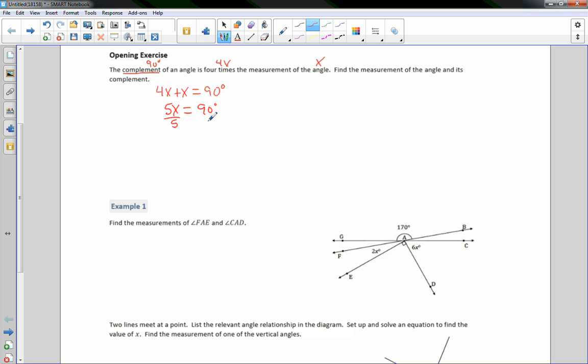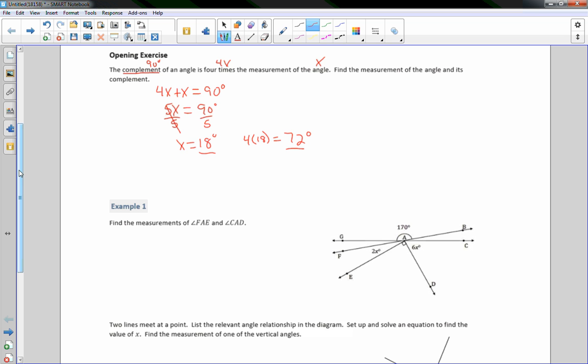Divide by 5, divide by 5, and we get x equals... 5 goes into 9 once with a remainder of 4. 5 goes into 40 8 times. So one angle is 18 degrees, and the other angle, which is 4 times that, is 72 degrees. 18 plus 72 does indeed equal 90 degrees.